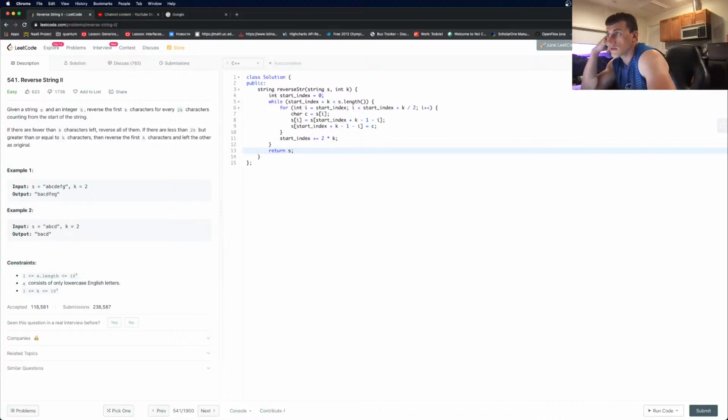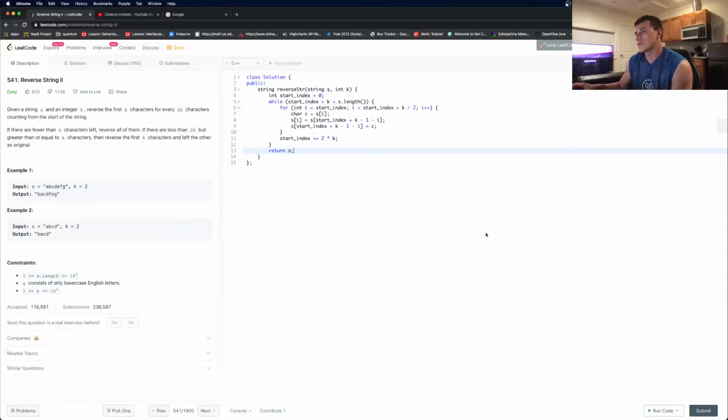So it's constant space and somewhat, actually it's even less than linear, right? It's basically half of the length of s, but again, the asymptotic is technically linear. All right.